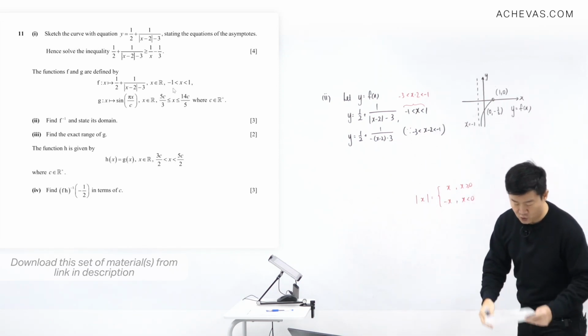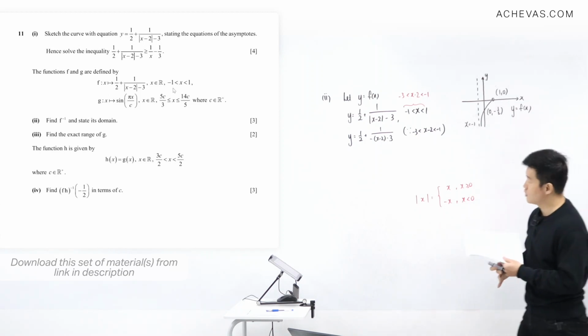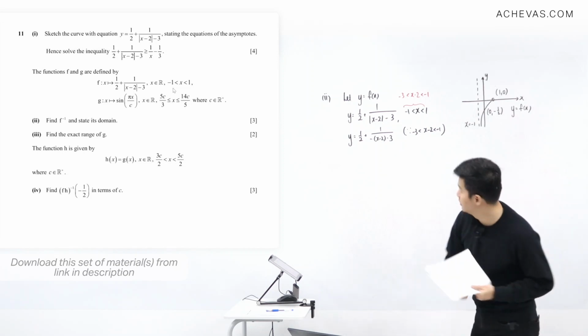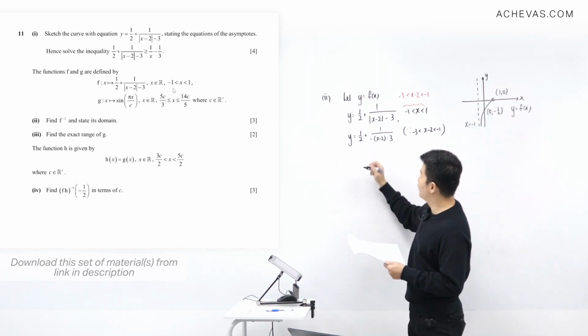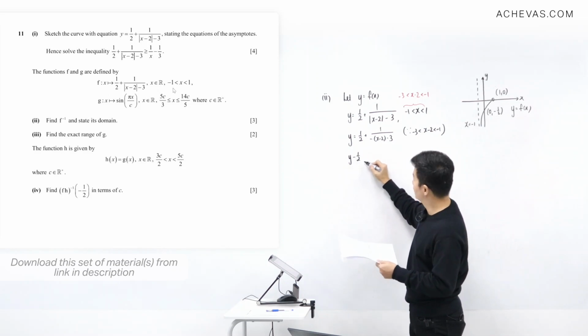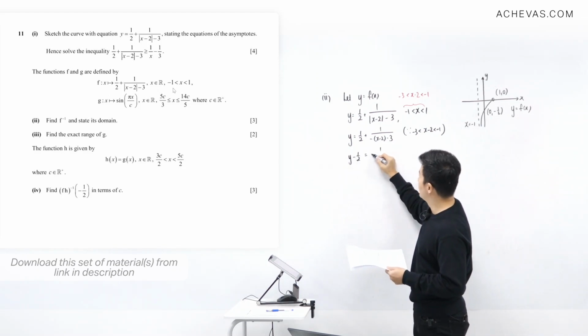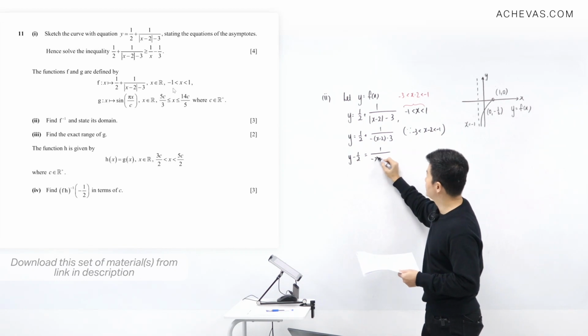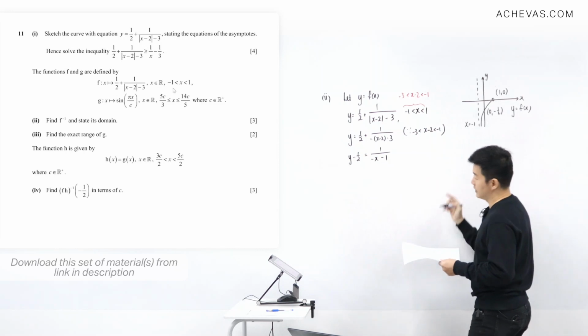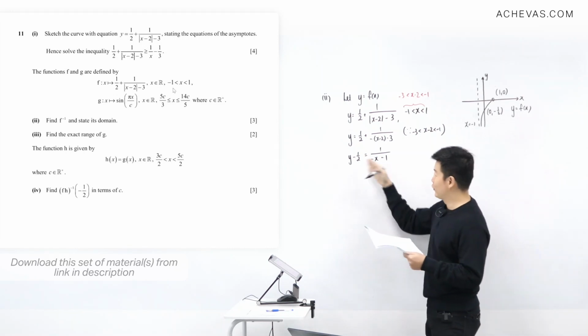Okay, so based on this, let's continue and make x the subject. I'm going to bring the half over to the other side. We have y minus 1 over 2, which is equal to 1 over minus x minus 1. I think I'm going to just multiply the negative over to the other side.